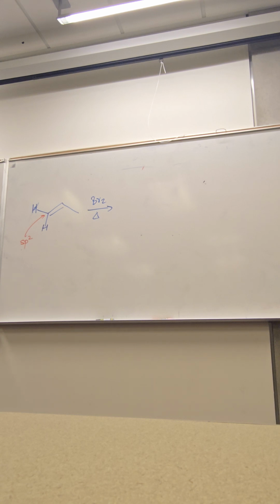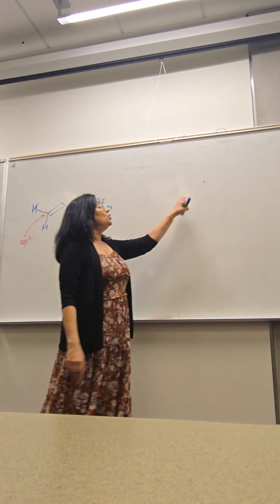Right, so it would be the carbon at the end. So how many do we expect? Your answer is correct, but that's not our expectation, so I'm not going there yet. So what is our expected number of products?